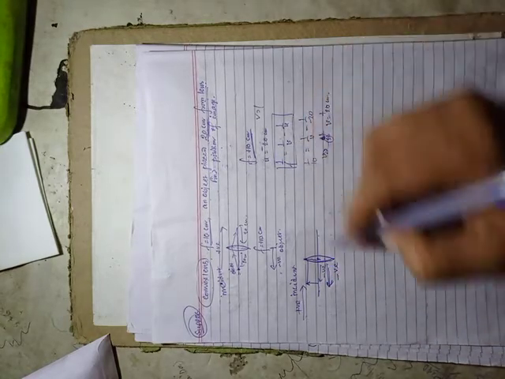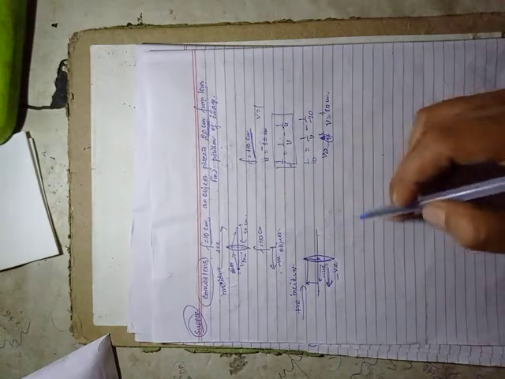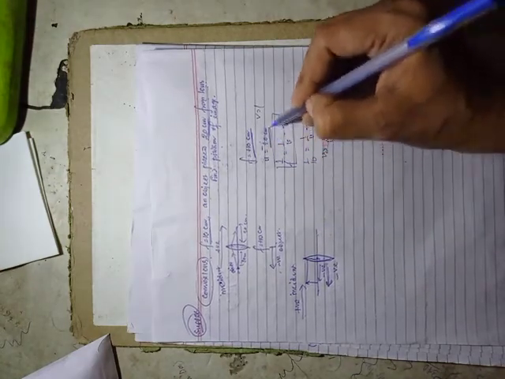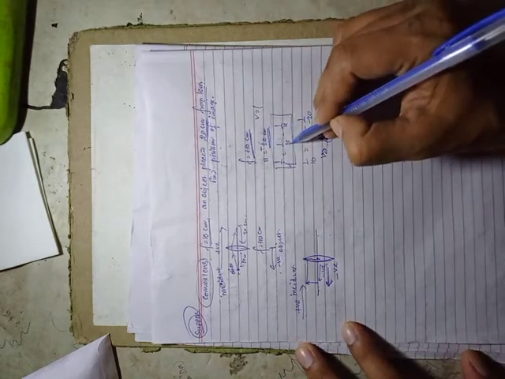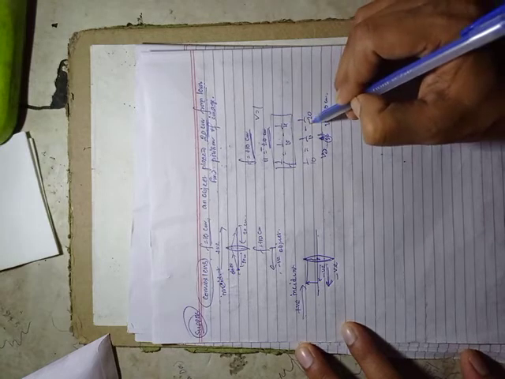So u, the object distance, will be minus 20. If you understand this, no numerical will be difficult for you; you can easily calculate all of them.